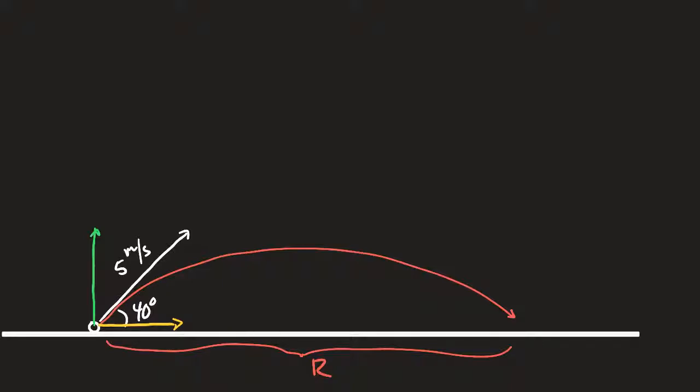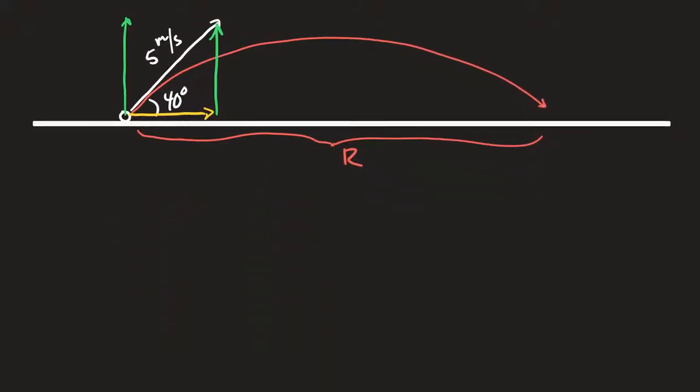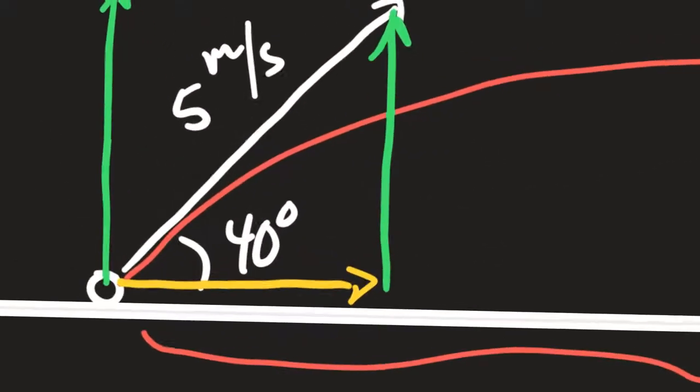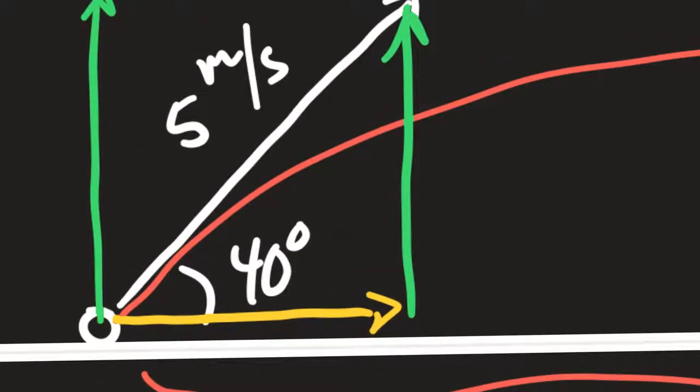In fact, that green arrow, I'm going to draw that green arrow right here to form a right triangle. Now, for those of you straining to see, big enough?